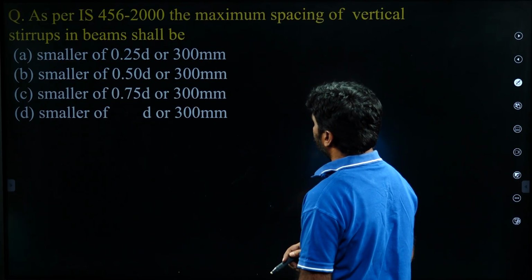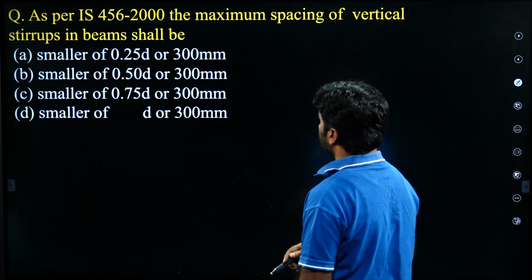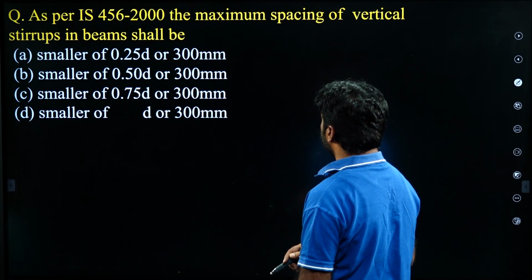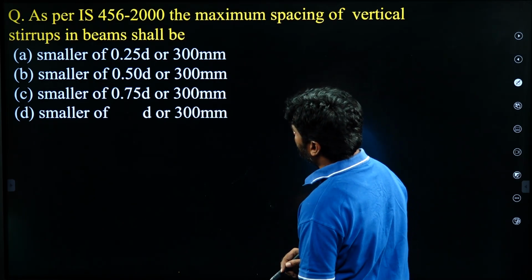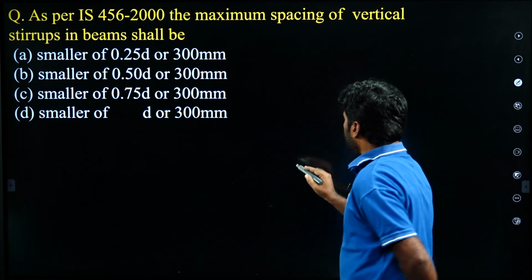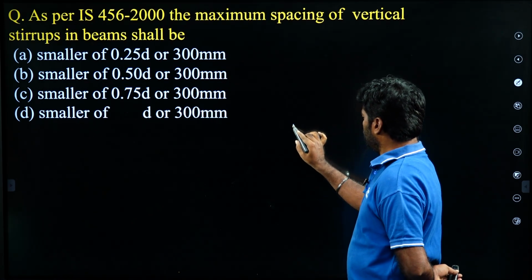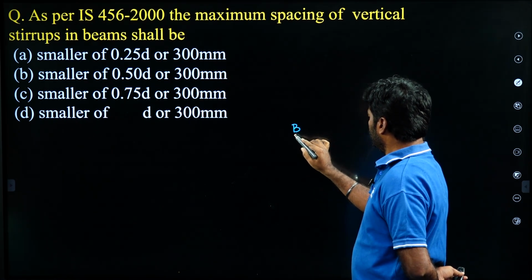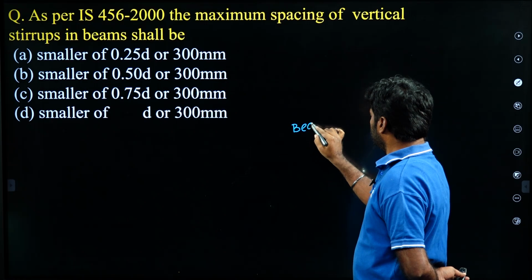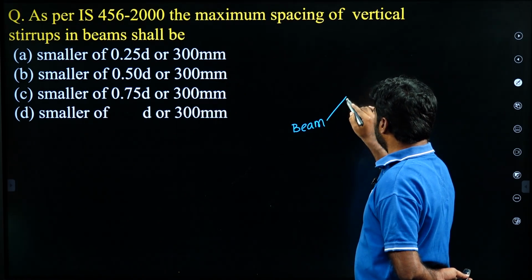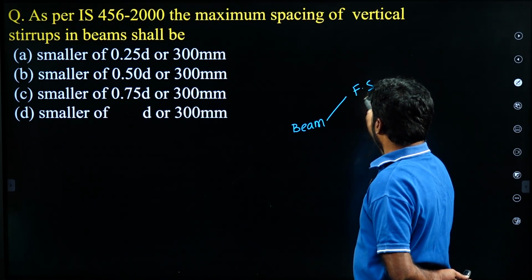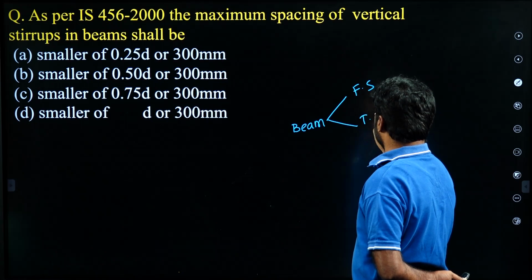As per IS 456/2000, the maximum spacing of vertical stirrups in beams. My dear, there are two cases: one is a beam subjected to flexural shear and a beam subjected to torsional shear.